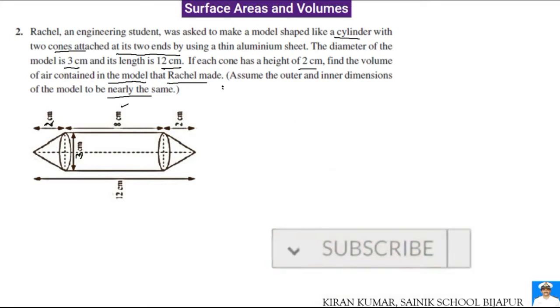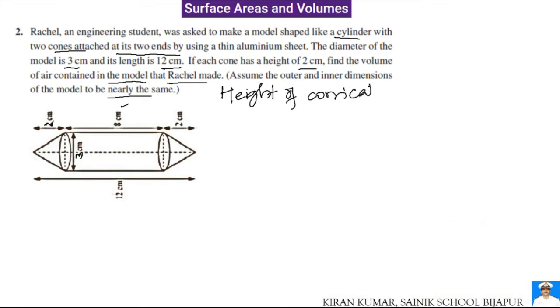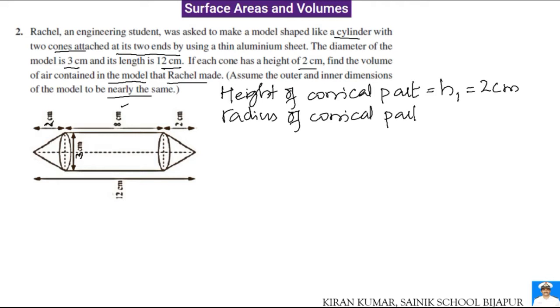Let me write the height of the conical part. The height of the conical part, let me represent it with h1, which is 2 centimeter. The radius of conical part will be same as the radius of cylindrical part.